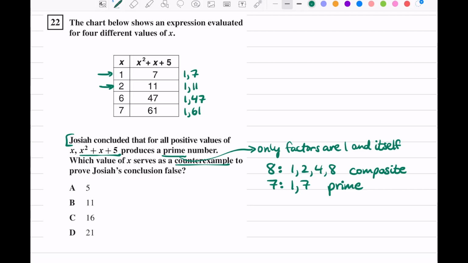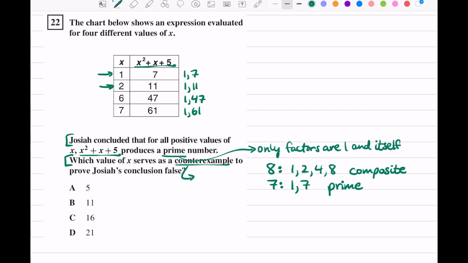So Josiah keeps putting in x values into our expression, and he keeps getting prime numbers. So he concluded that any positive x value produces a prime number. And so our question is, which value of x below serves as a counterexample to prove that Josiah's conclusion is false?